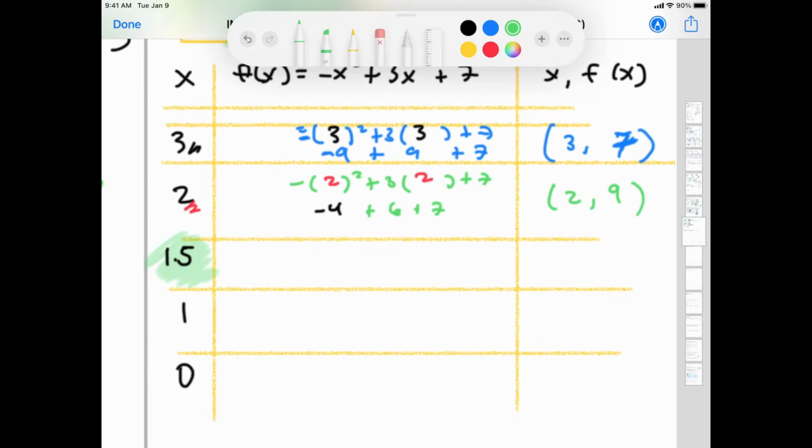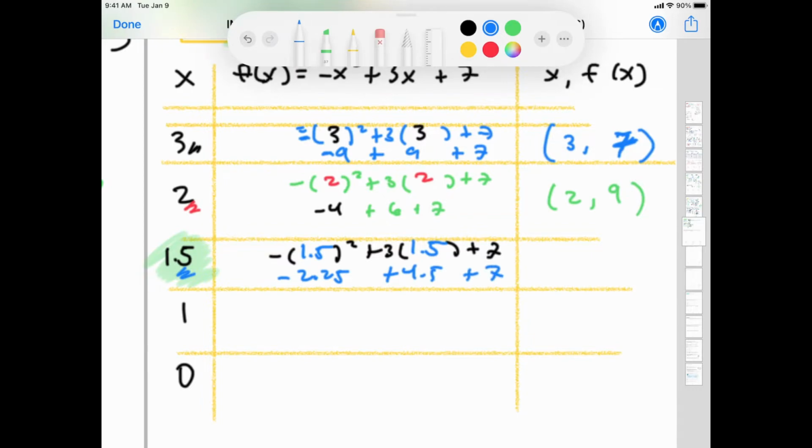Okay, so let's do 1.5. Opposite of something squared plus 3 times something plus 7. Let's put in here 1.5. 1.5 squared is 2.25, and opposite of that is negative 2.25. And 3 times 1.5 gives me 4.5, plus 7.